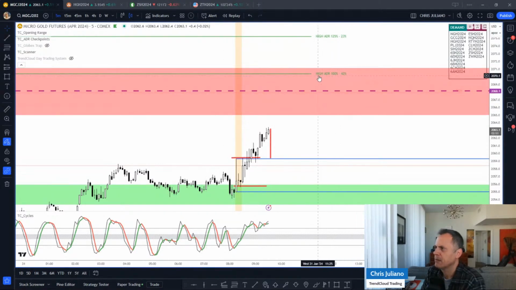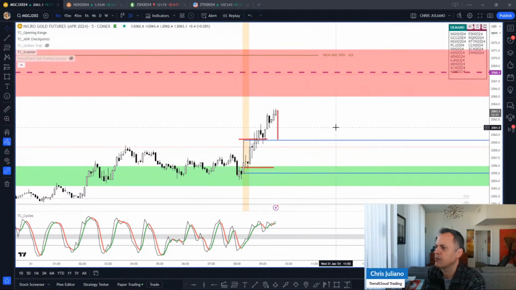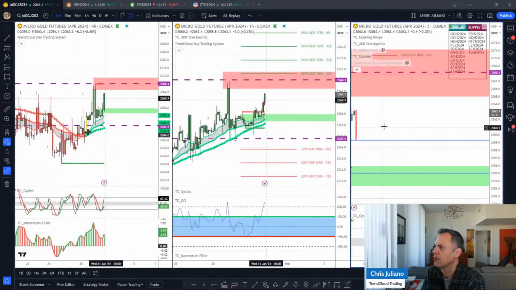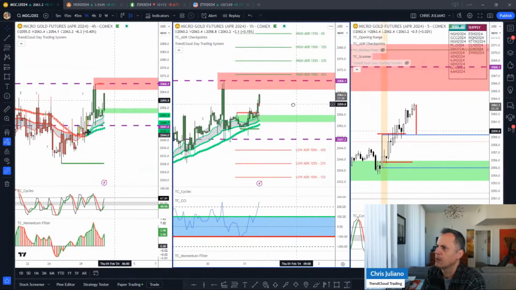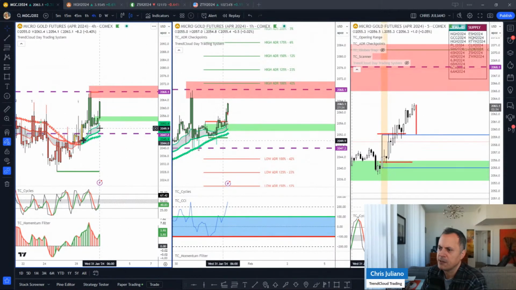And we got the 100% of its average daily range sitting right up there. So nice move. It is in an uptrend. I love that we're cycling up, right?